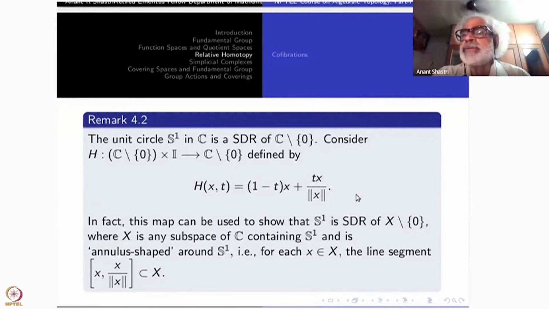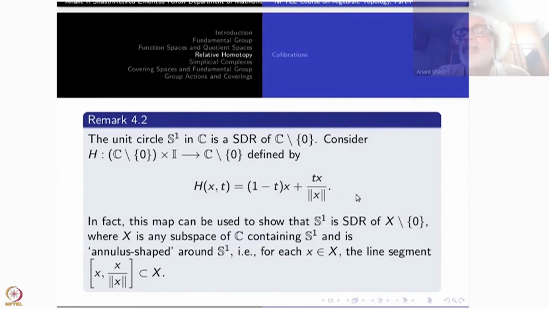So it's an annulus. You should not include 0. That's all. Not only that, now instead of S1 and R2, this whole thing generalizes exactly ditto to Rn and Sn minus 1. Is that clear?